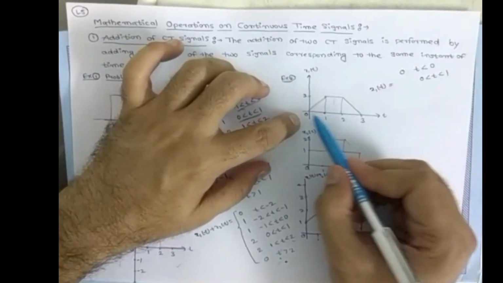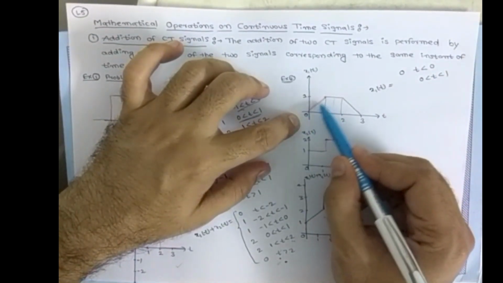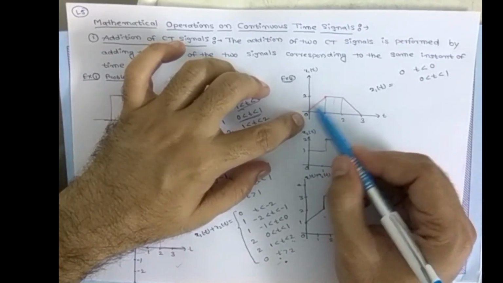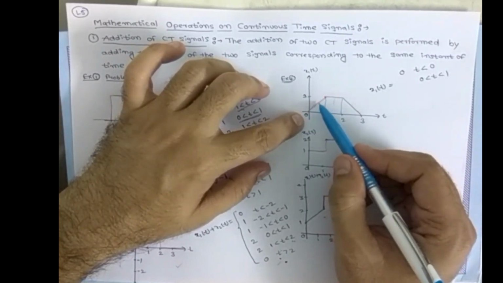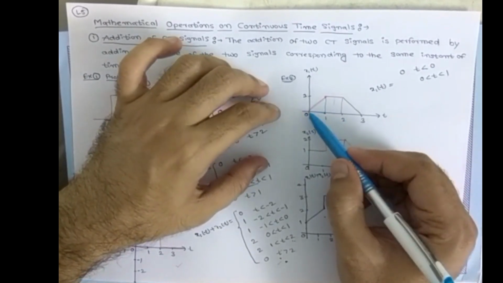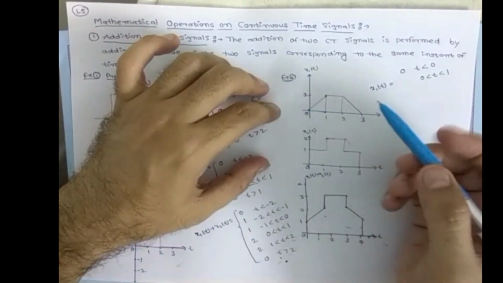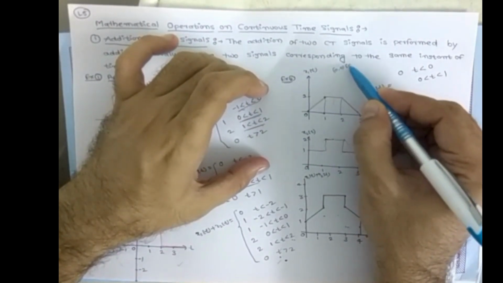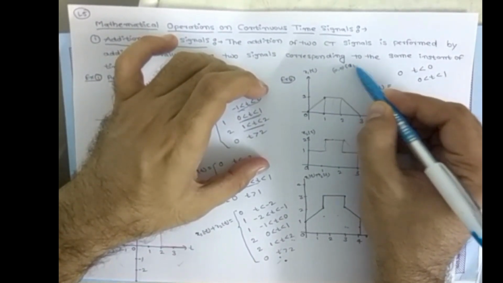From here to here we have a ramp signal, increasing order. So what is the slope of this one? How will we calculate the slope here? Here we will take 2 points, like 0 comma 0 and 1 comma 1.